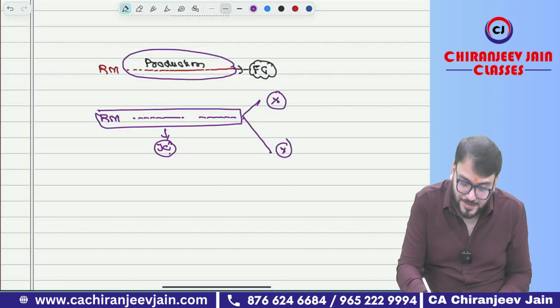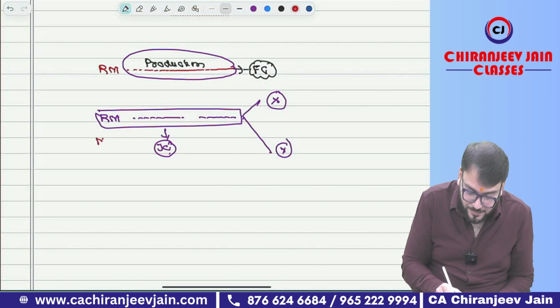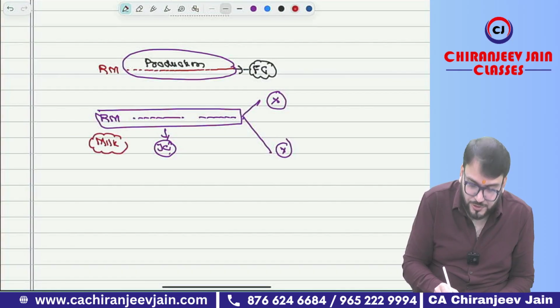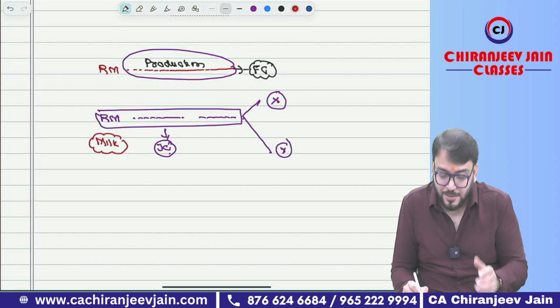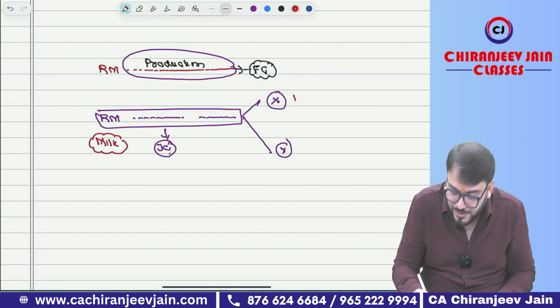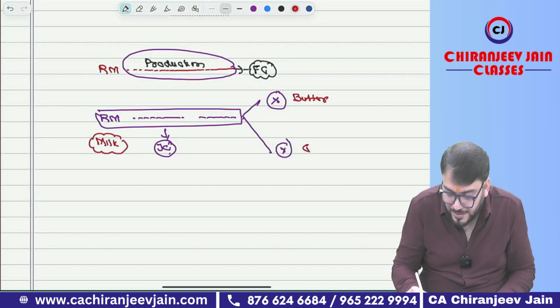It is as simple as, suppose Amul Industry started their production process. They want to produce butter and ghee. So raw material will be milk, and eventually they produce butter and ghee.